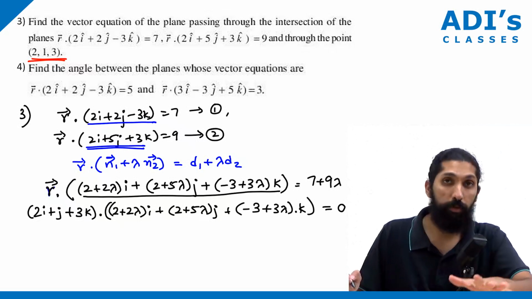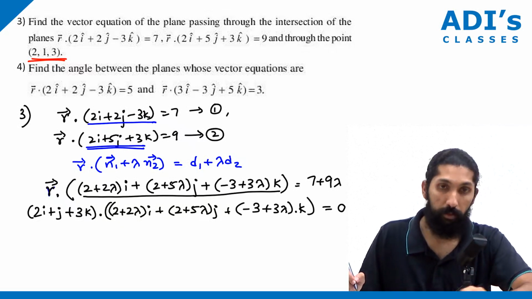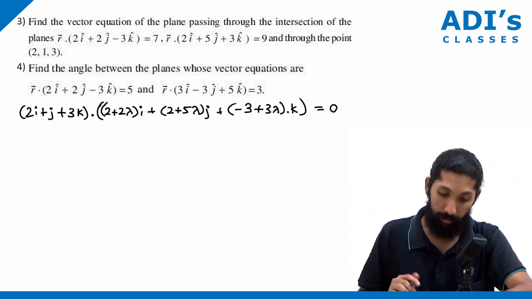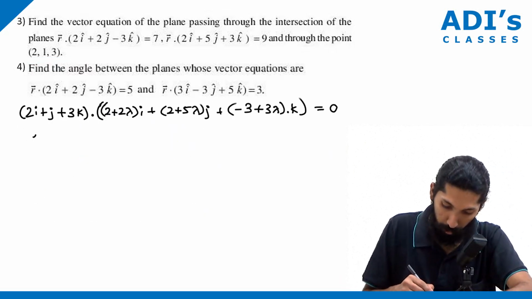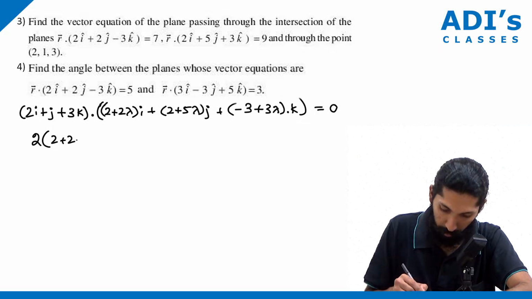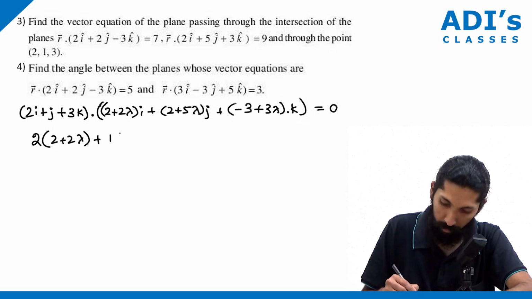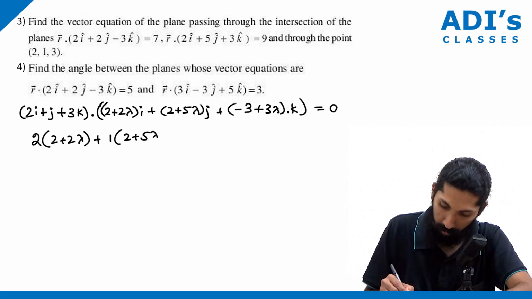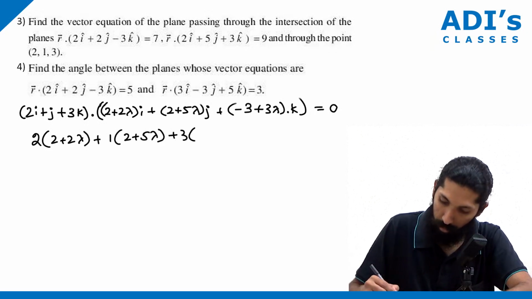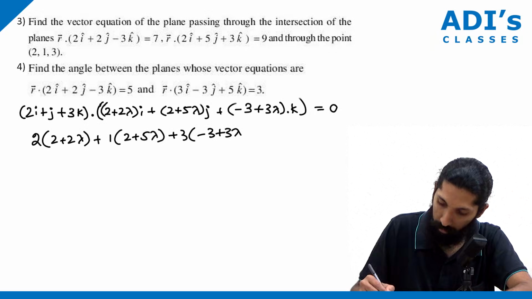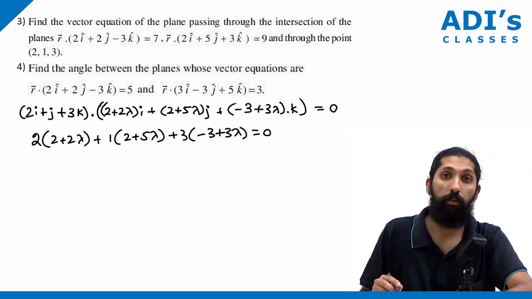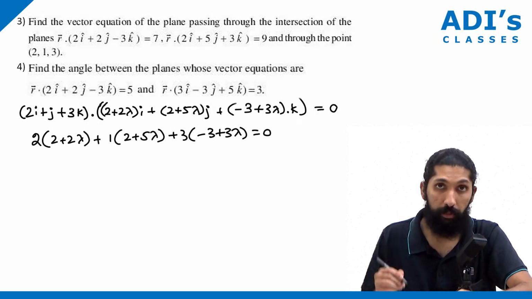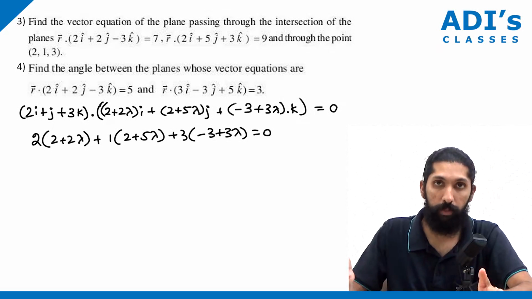Now we need to solve for lambda. Let's solve for lambda now. When you multiply 2 into (2 plus 2 lambda) plus 1 into (2 plus 5 lambda) plus 3 into (minus 3 plus 3 lambda) is equal to 0. Now lambda is the only thing, so it's a linear equation in one variable, isn't it?